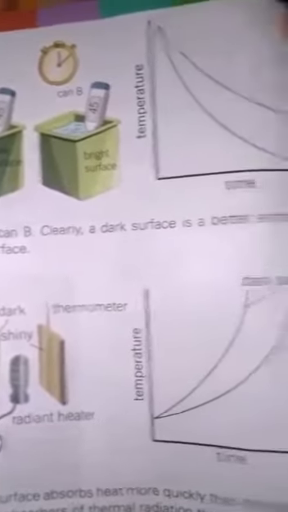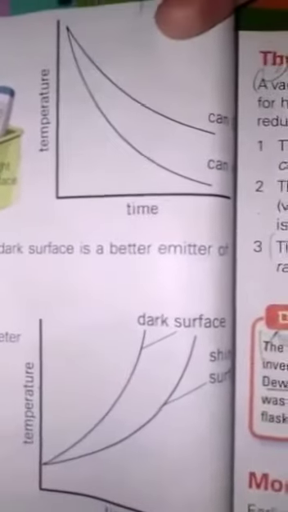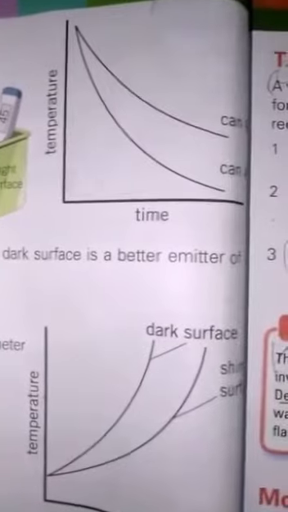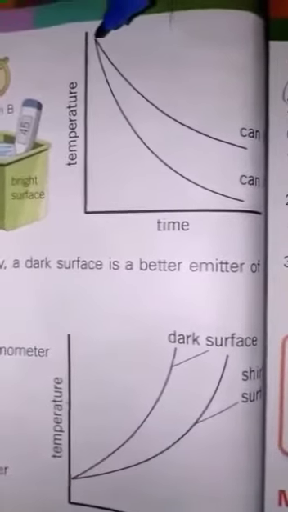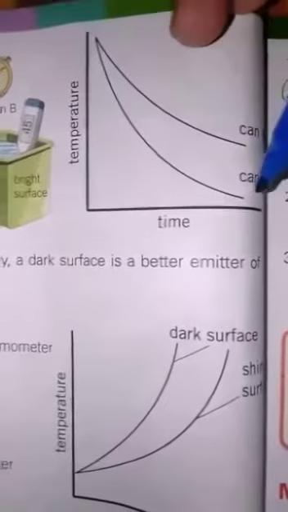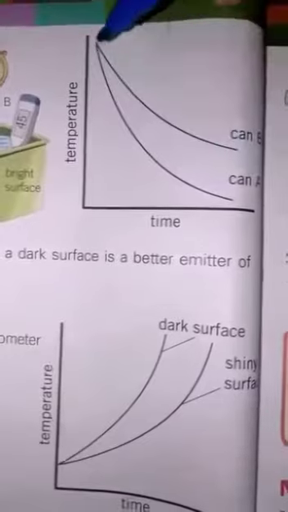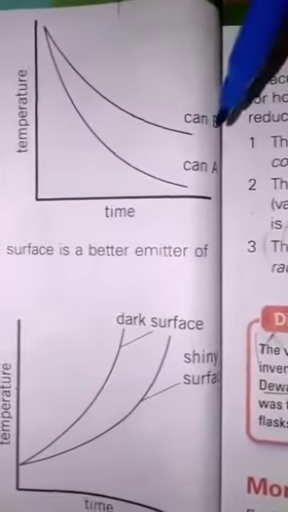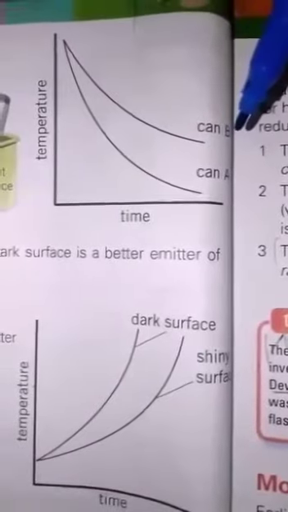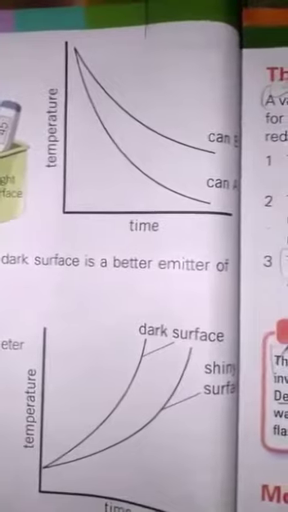This graph is plotted between time along the x-axis and temperature along the y-axis, and it shows that the water in can A, with the dark surface, cools quickly as compared to the water in can B, with the bright surface. Thus we can say that a dark surface is a better emitter of thermal radiation than a shiny surface.